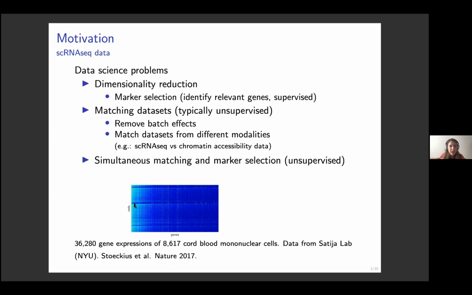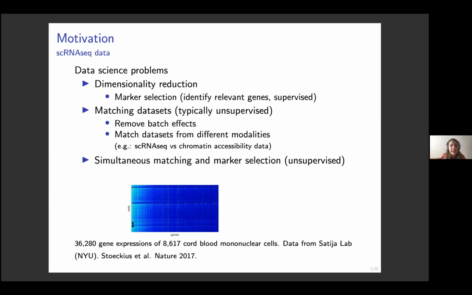So basically, there exists this relatively new technology that allows us to compute the genetic expression for individual cells. Say in this example that I have here from the NYU Satija lab, we have this data set of blood cells where we have 8,000 cells.